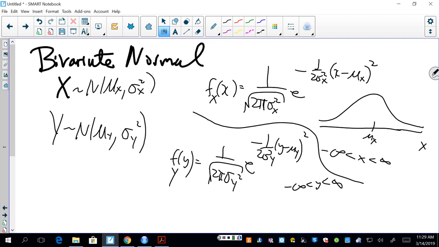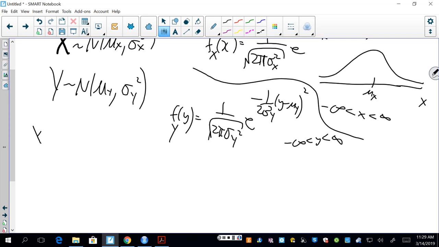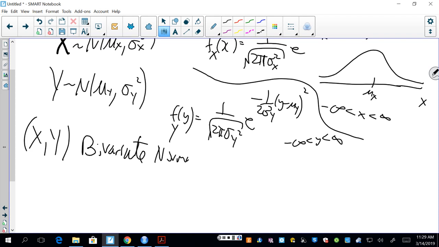But if you take both variables at once, they can be jointly normally distributed, and that's a special density function. So if x and y are bivariate normal, they have a mean for x and a mean for y.